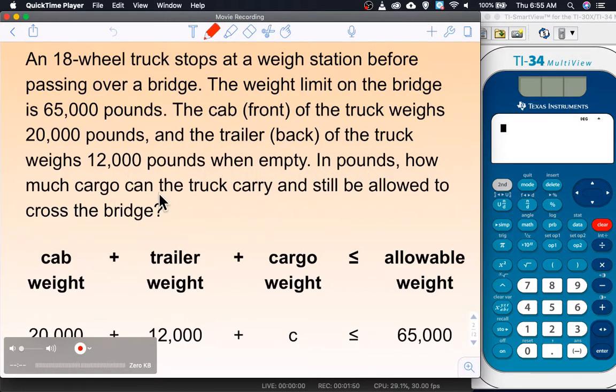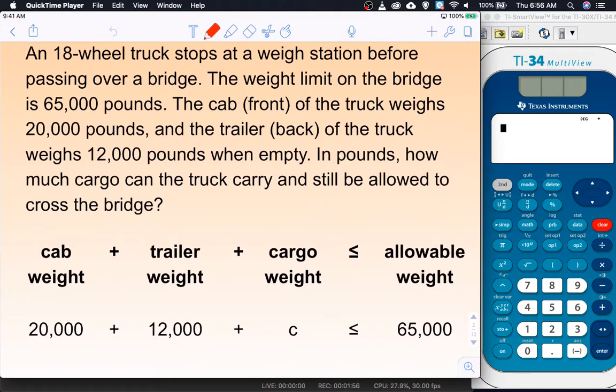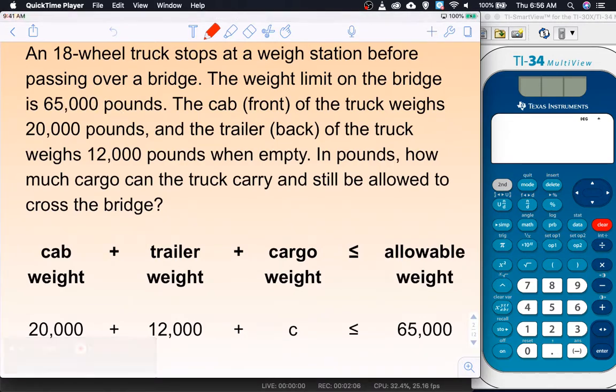In pounds, how much cargo can the truck carry and still be allowed to cross the bridge? That's kind of an important deal for the truck driver, because if they don't know the weight of their cargo, and they don't know if their truck is less than 65,000 pounds, if they try to cross it, they could damage the bridge and kill themselves and maybe others, so that would be bad. So even somebody who drives a truck might need to use inequalities.